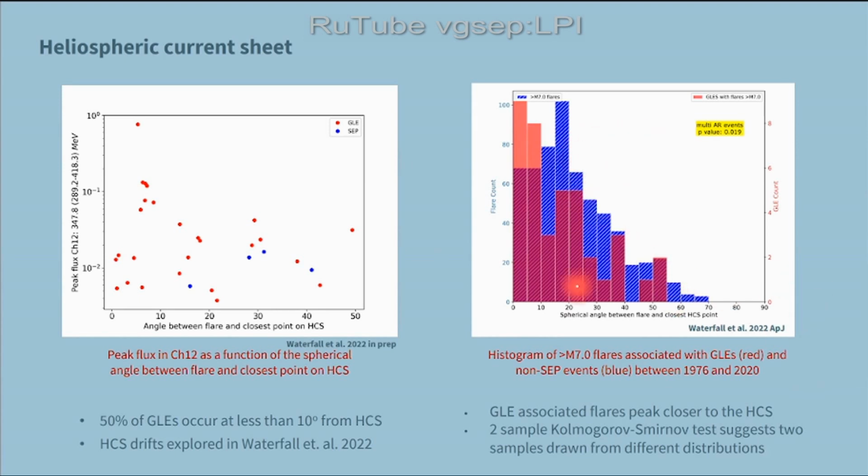You can see we get quite a nice peak close to the current sheet. I think it's 44% of these GLE-associated flares occurred less than 10 degrees from the current sheet. We did some statistical analysis with a 2-sample KS test, and it suggested that the 2 samples were drawn from different distributions.